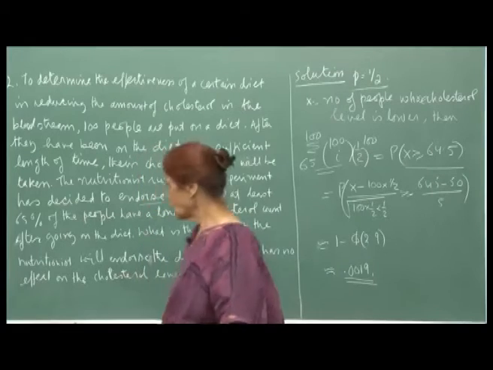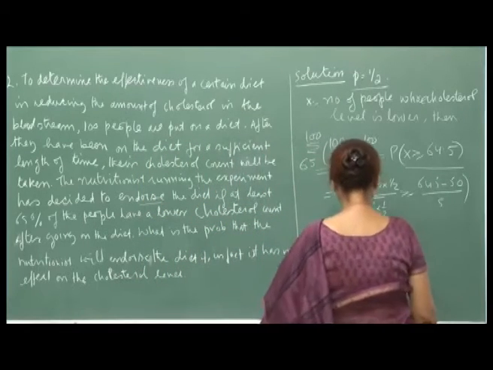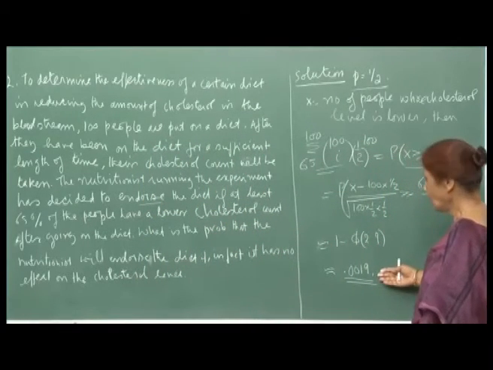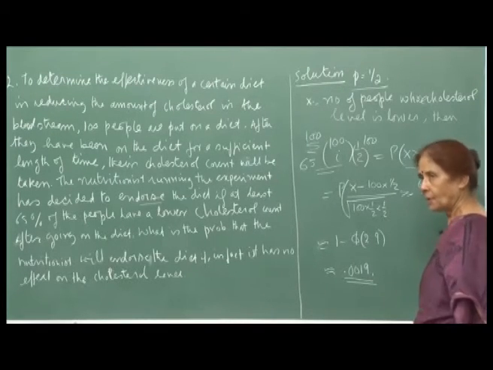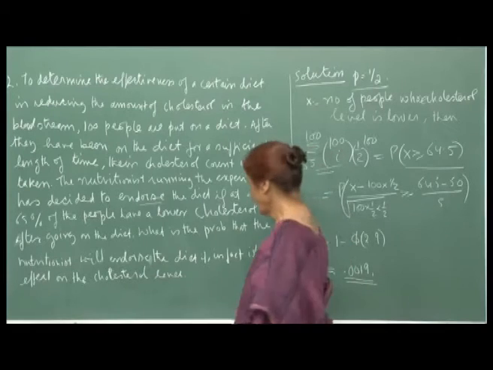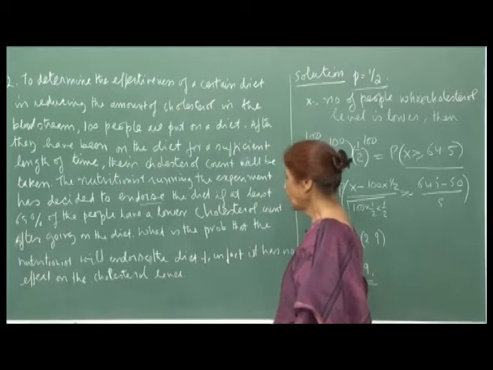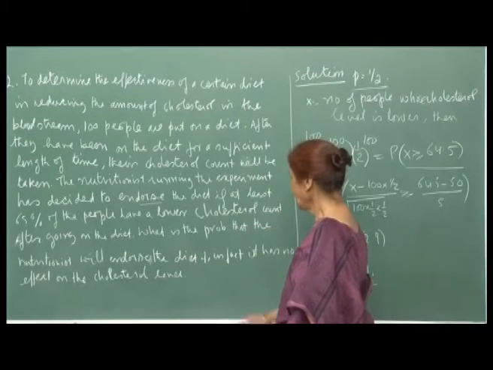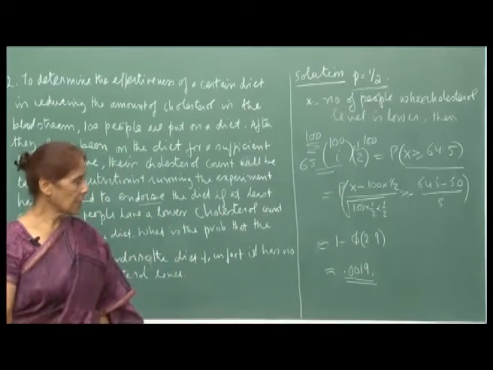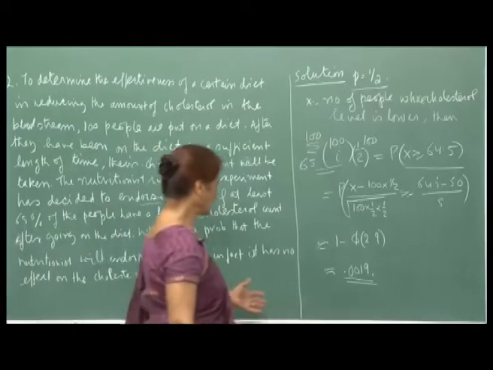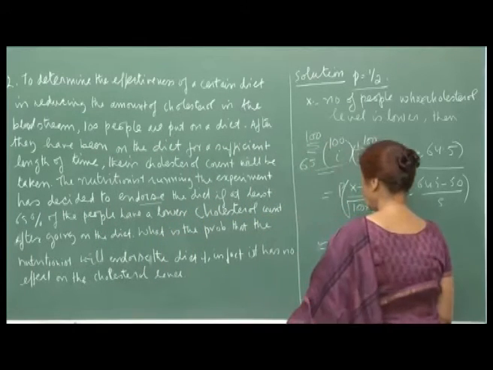Which is very small, and therefore, with p as half, the chance that 65 people out of these 100 will have their cholesterol lowered is very low, and therefore, the diet will not get endorsed. Because the diet, as we said, probably has no effect on the cholesterol level, it does not get endorsed. So, no loss, nobody is lost. So, this is how one can go on and look at different situations.